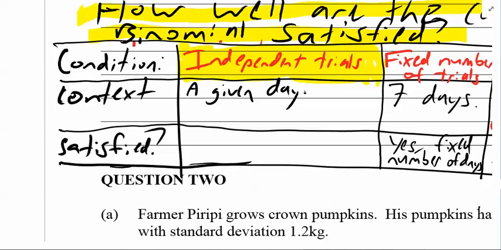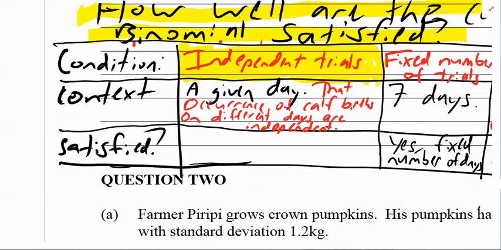Okay, so it means that whether or not calves are born on one day has no effect on whether or not they're born on another day. So there's no link. How can we write that simply? Well, how does this sound? That the occurrence of calf births on different days are independent. So it's the days that we're talking about, isn't it? Okay, so how confident are we that that is satisfied in this case?